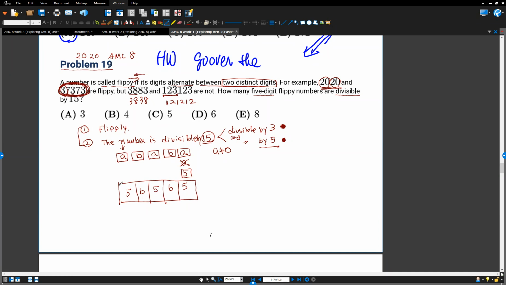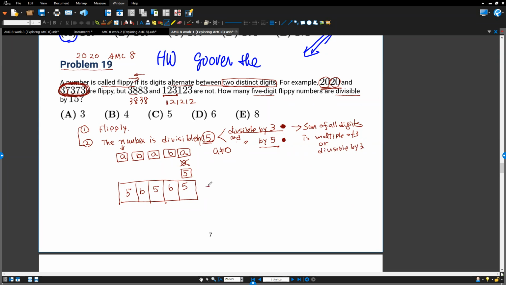Okay, the next one. The same number should be divisible by 3. What is the condition for divisibility by 3? You have to memorize this divisibility rule. The sum of all digits is a multiple of 3, or divisible by 3, same thing. Then the number is divisible by 3.